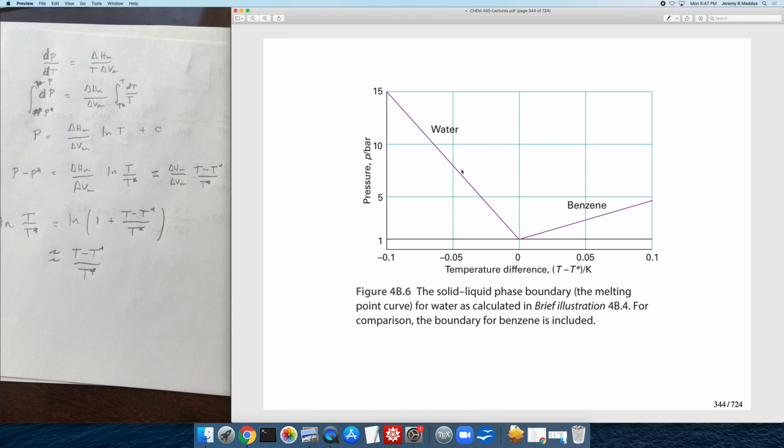You see that it's decreasing because of that negative volume change. But if you do a different liquid, you're going to get the diagram on the right here, and what you'll find is that the curve has a positive slope because the change in the molar volume for benzene is positive.